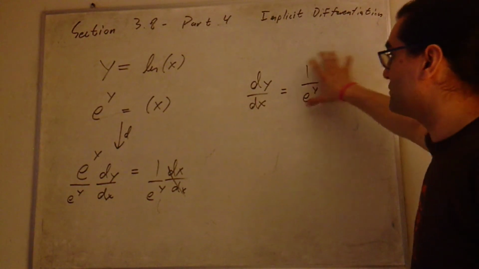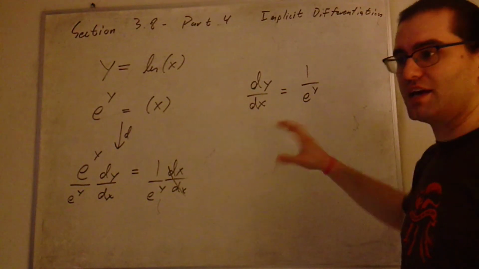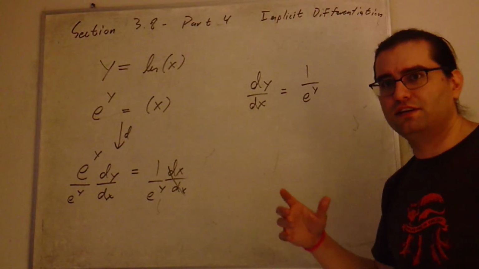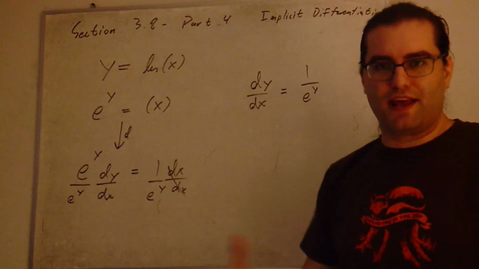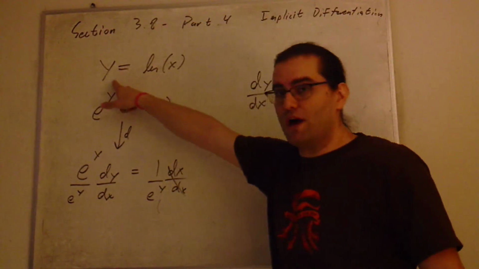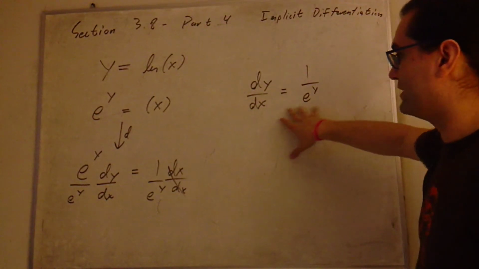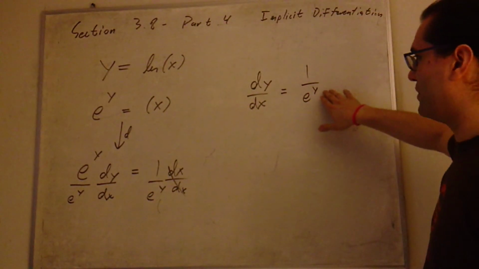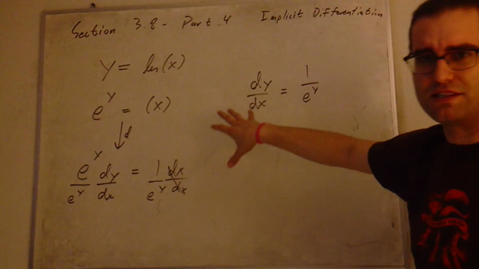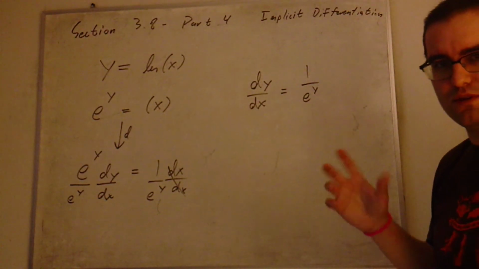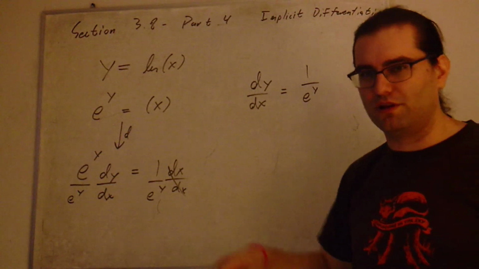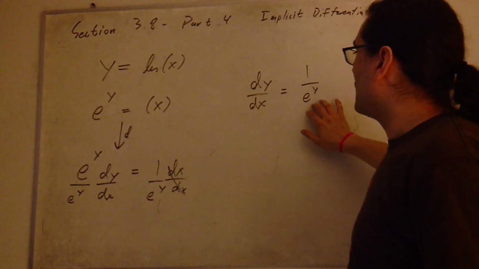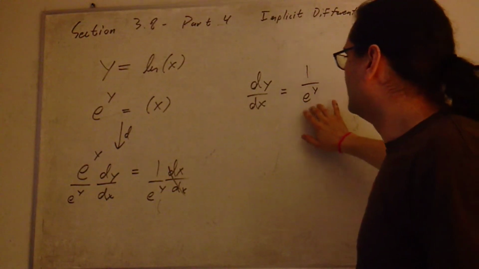It would be nice if it was all x's, because that sort of preserves this dependent-independent variable relationship where you can just pick an x value, plug it in here to get a y value, or just plug it in here to get a slope value. We don't want to have to plug a y value into this, because then you're sort of muddling which one's dependent and which one's independent, or which one you just pick values for and plug in. So we want to turn this back into something of x's.